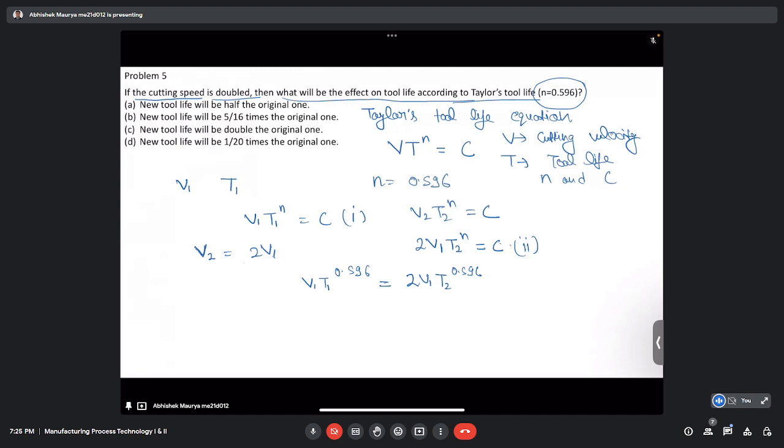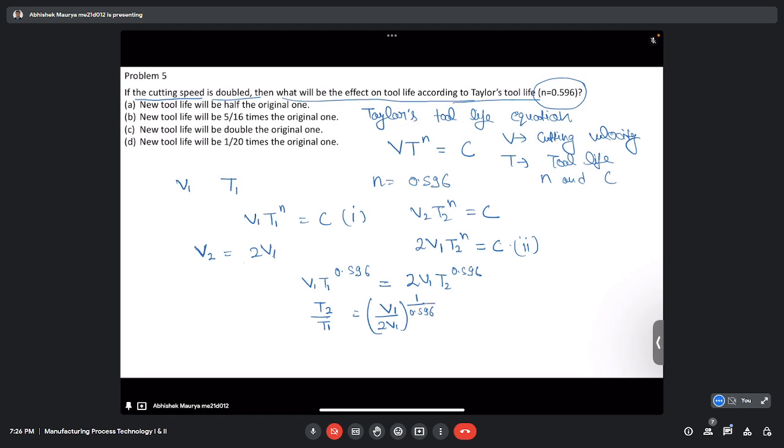If you rearrange this equation, you will get t2 by t1 is equals to v1 divided by 2 times v1, raised to the power 1 upon 0.596.